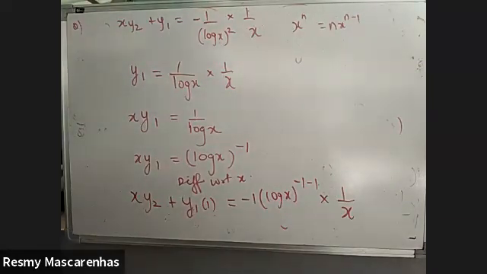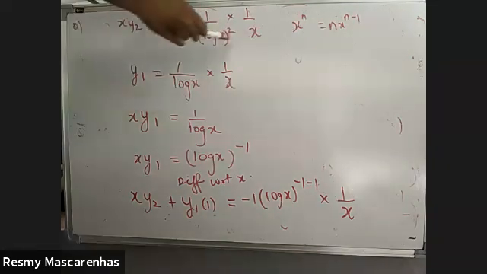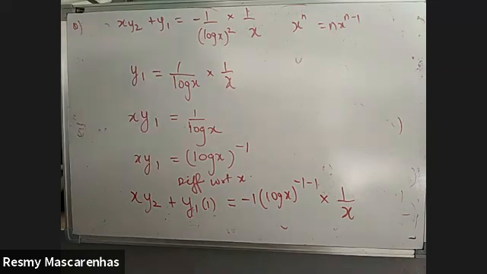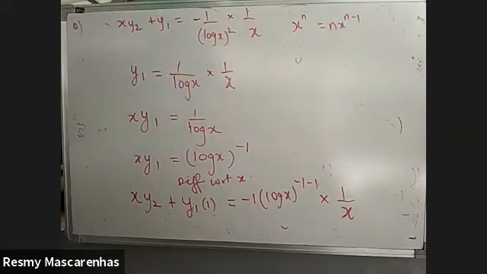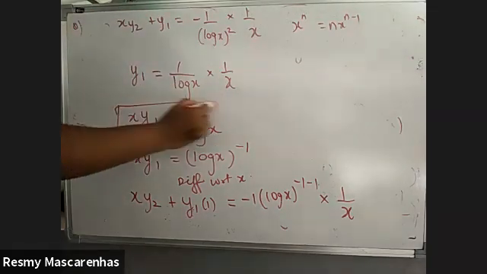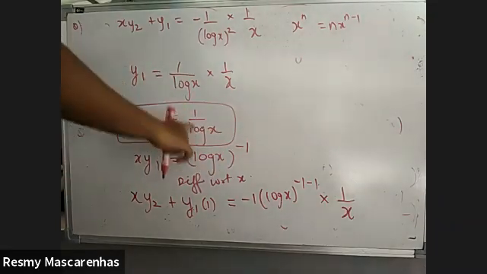Now if you see, as per the question, in that proof, whatever you are asked to prove, you will nowhere find log x. Correct? So I have to do some substitutions to get rid of log x. Otherwise this would have been the correct answer, but something else is asked to prove, in which there is no log. So try to get rid of this log. You can look at this equation: 1 upon log x.